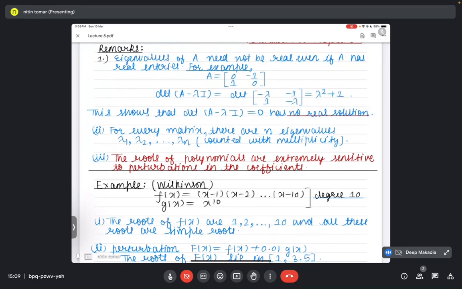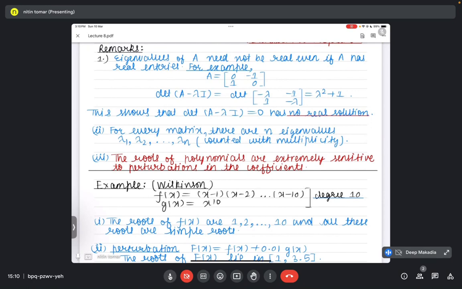Then this characteristic equation, determinant of A minus lambda I, is basically the determinant of minus lambda 1 and minus 1 minus lambda. So its determinant will be lambda square plus 1, and this obviously shows that determinant of A minus lambda I equal to 0 has no real solution, right?